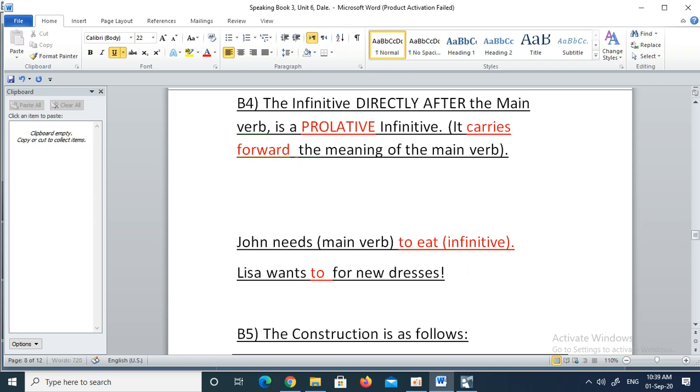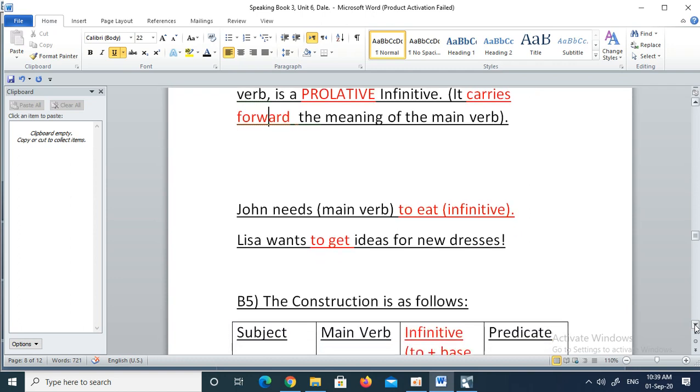We could say Lisa needs to get ideas. And to get would then be our prolative infinitive. The main verb wants by itself needs an infinitive to carry the idea forwards.